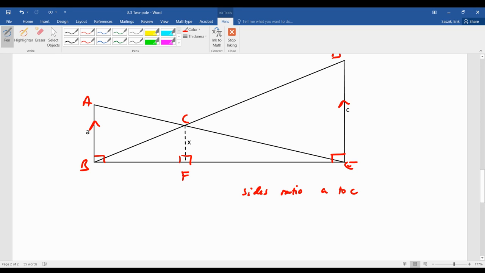Now I don't know what this measure is, BC or CD, but I know that these two sides have to be in the ratio of A to C. So if I give this some fixed multiple, like let's say some value M, this could be AM and this could be CM. We don't know what they are, but they have to be in that ratio of A to C.